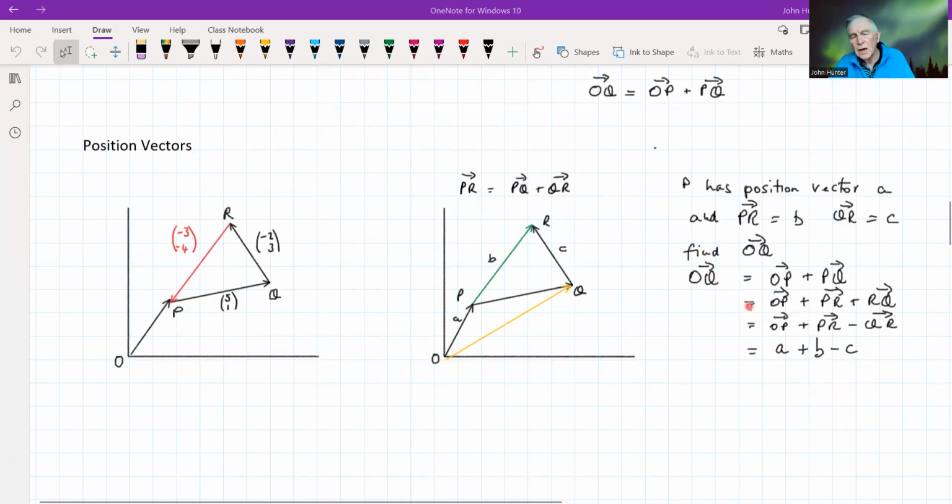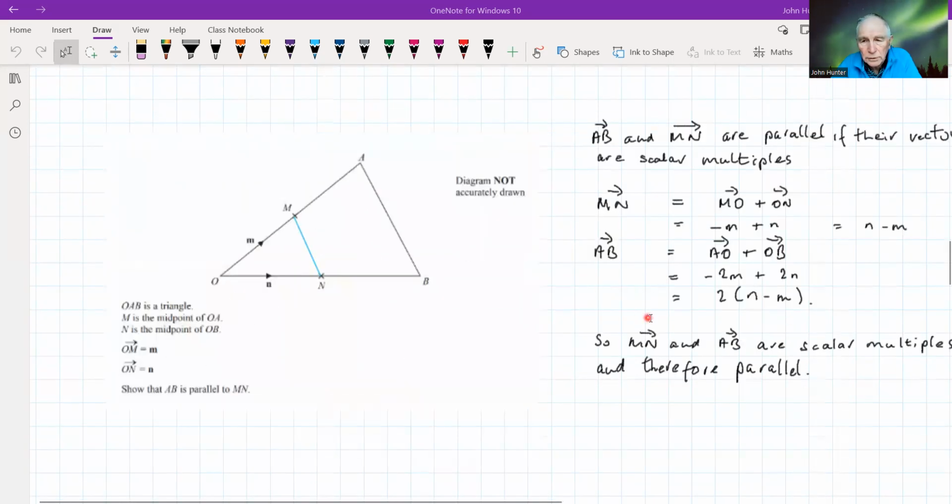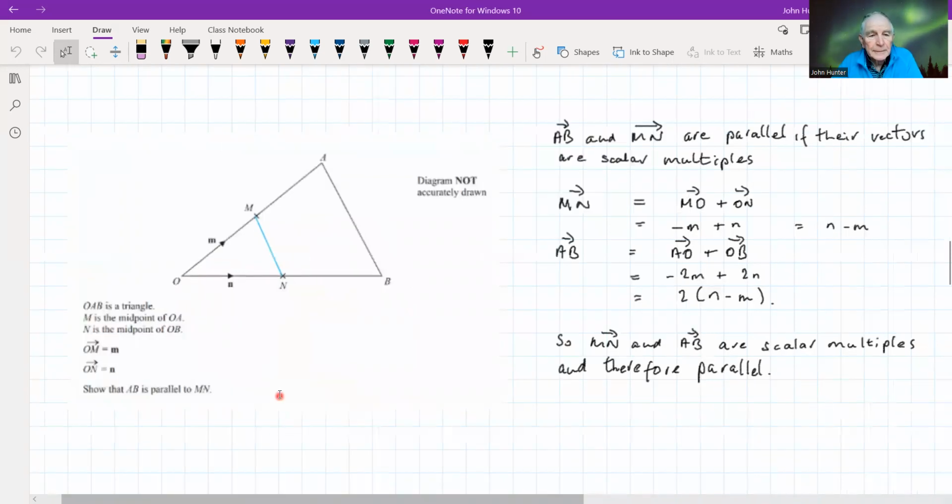Okay, so there's some of the principles. Let's have a look at one or two examples. Right, so what have we got here?